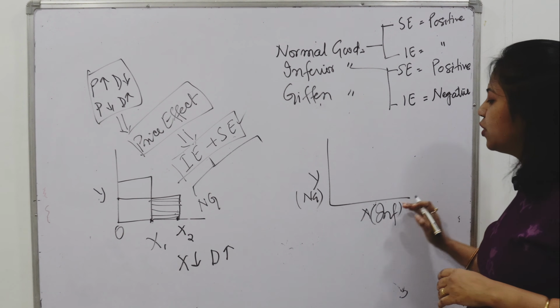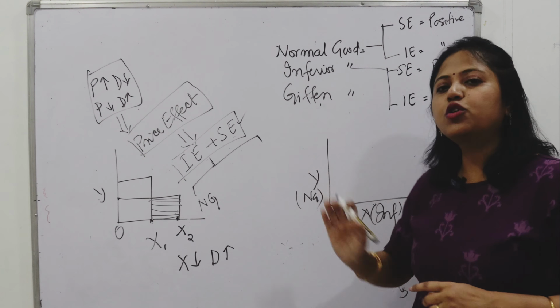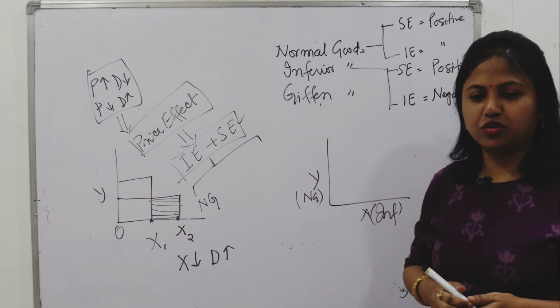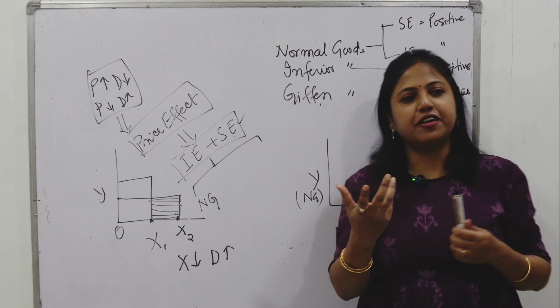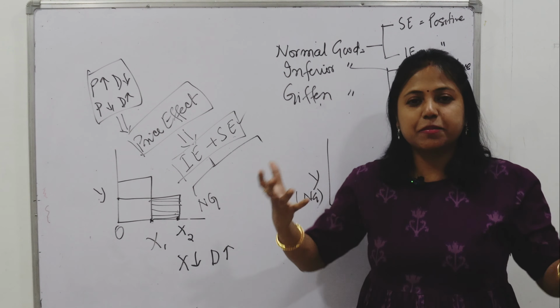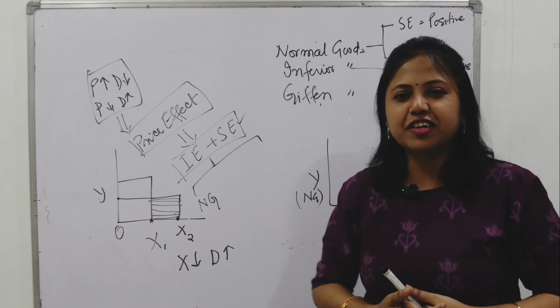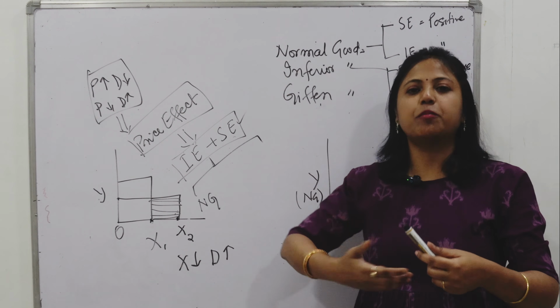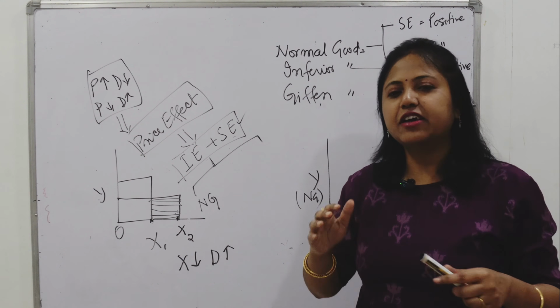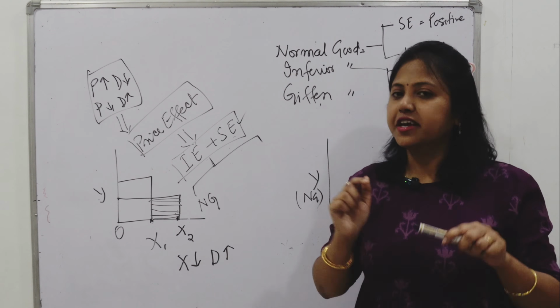Rather, we will try to have more superior goods or normal goods. Obviously, in our life, we have some products which are inferior in quality. But since my income has increased, I will switch over to goods which are superior in quality, and I will reduce my demand for inferior goods.